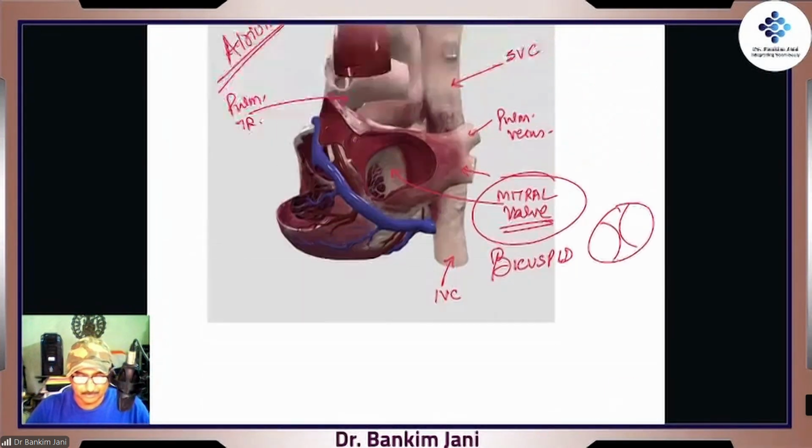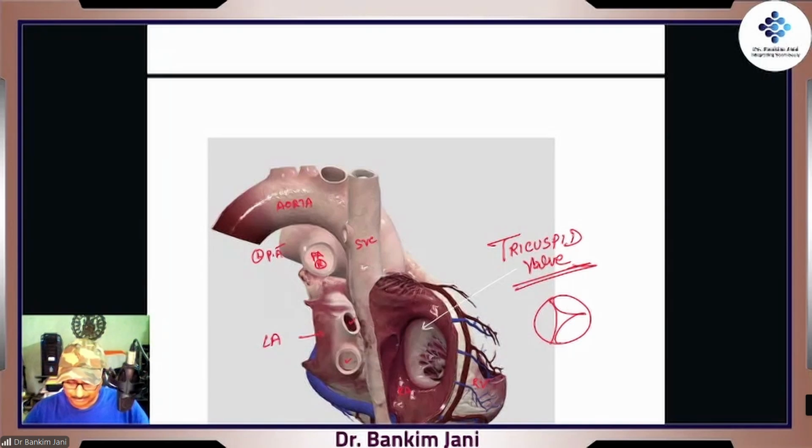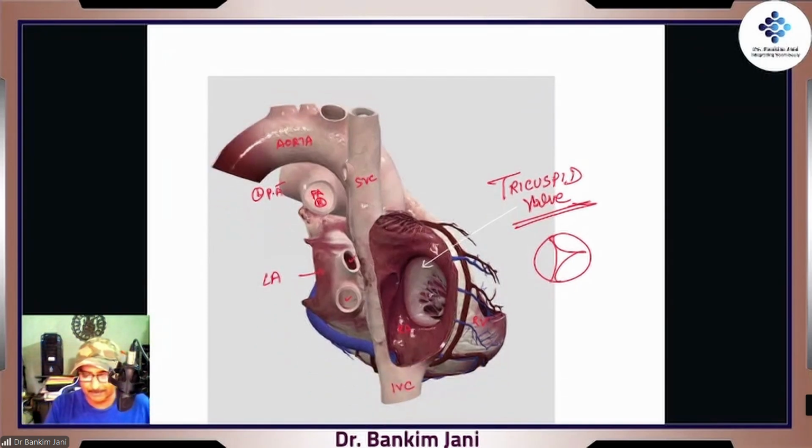So here, see, this is how we are. This is the mitral valve, right? Here it is, right? This is the right atrium, and we are watching the tricuspid valve from the right atrial side, and then we'll watch it from this opposite side, right?